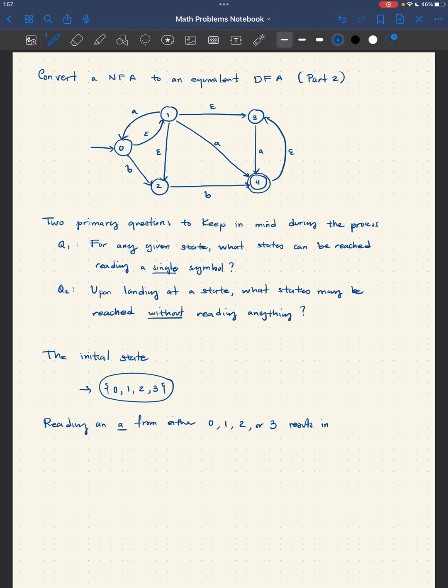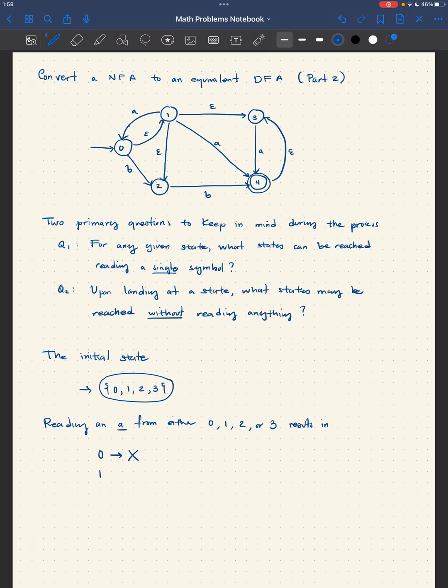We'll try to organize it, and we'll see, okay, if we're at state 0, what happens if we read an A? Well, actually, nothing. We land nowhere by reading an A. There's no instruction for reading an A. So let's just signal that with a cross.